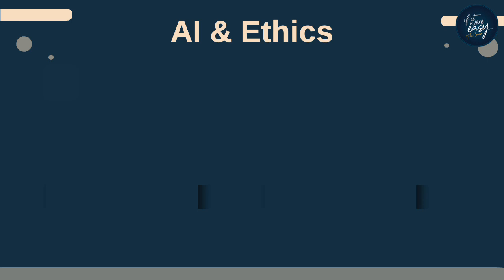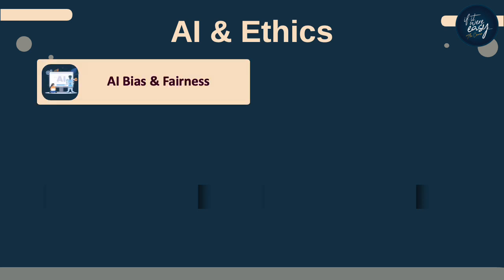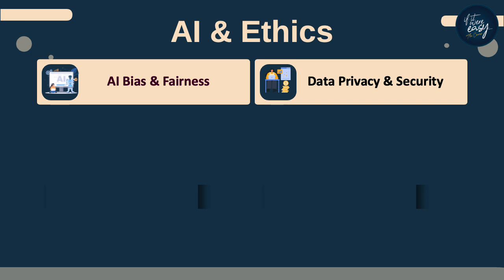Now, in terms of practical reality, AI and ethics is something we really have to consider. You see, AI brings incredible opportunities, but it also raises key ethical concerns, including things such as bias and fairness, privacy and security. AI systems can unintentionally reinforce biases, impact decision making, and raise concerns about data protection.